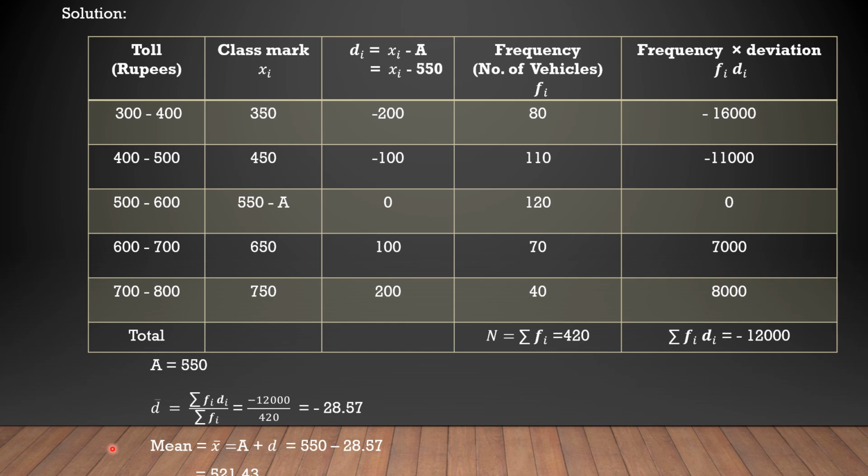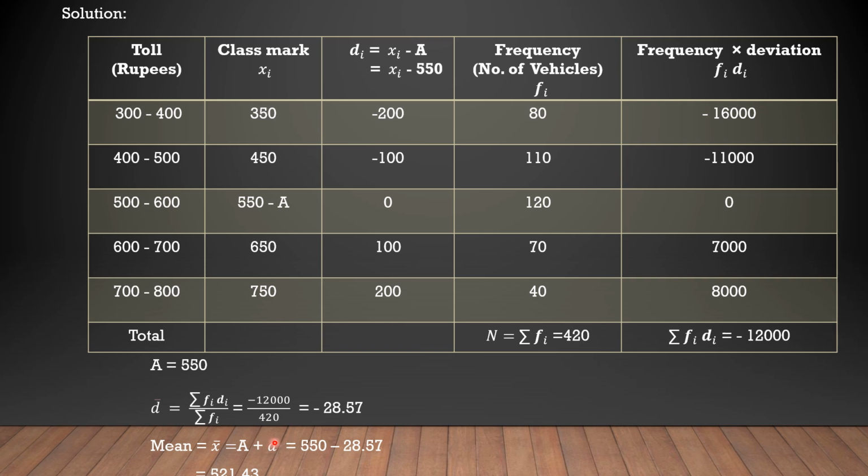The formula to find the mean is x bar is equal to A plus D bar. So A is 550 and D bar is minus 28.57.